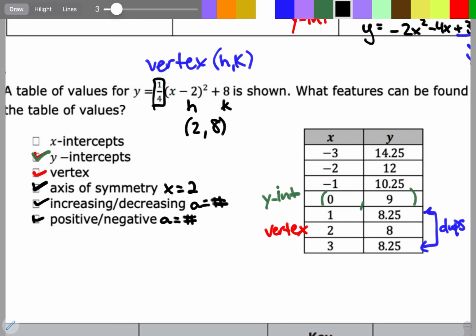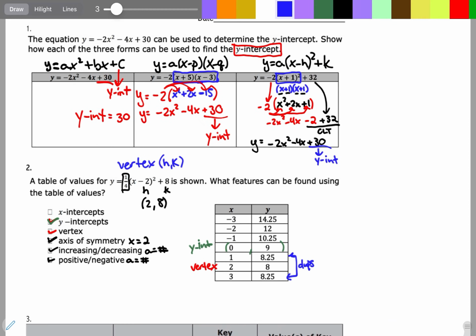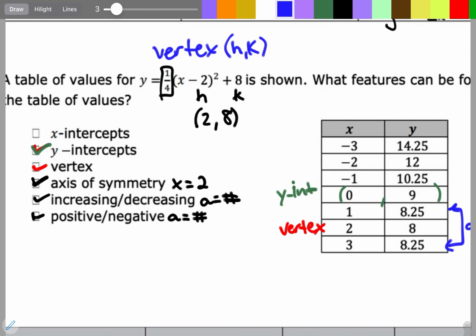So we have everything on here except for x-intercepts. And you'll get x-intercepts from factored form, which is going to be that guy right there. So, safe to say we have everything.